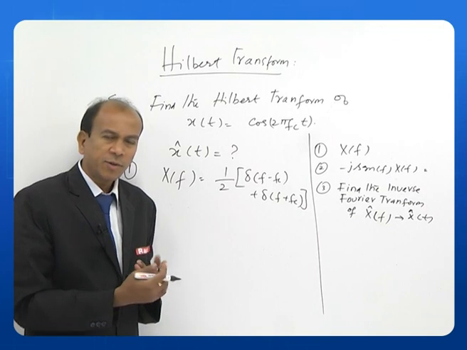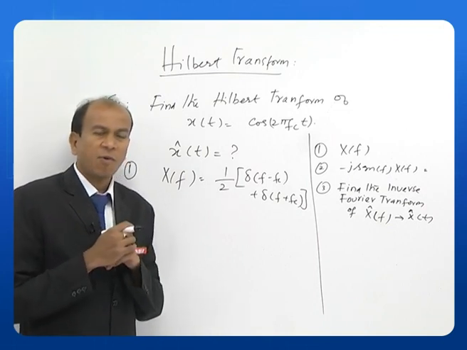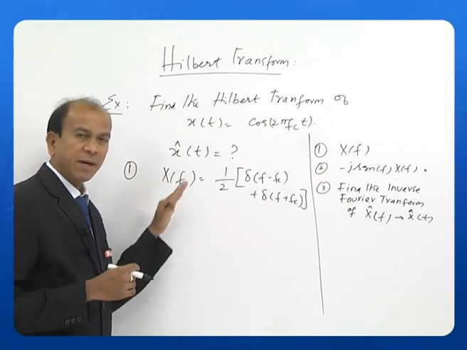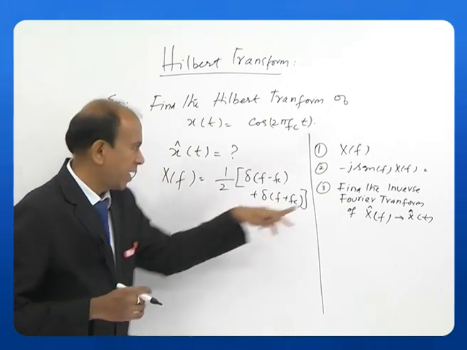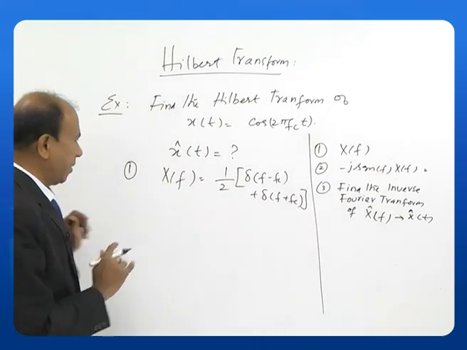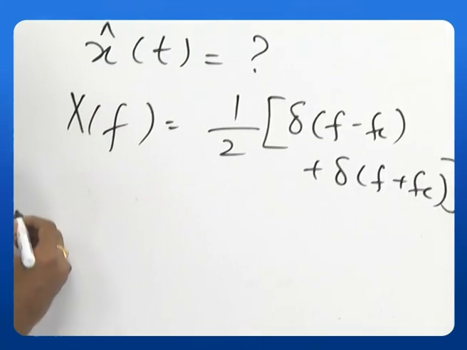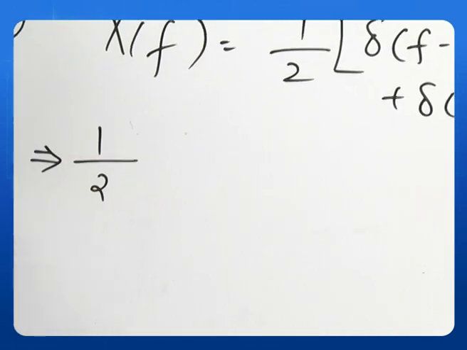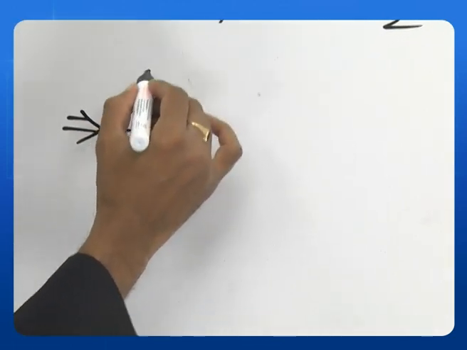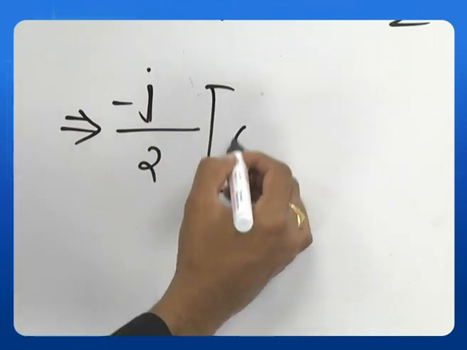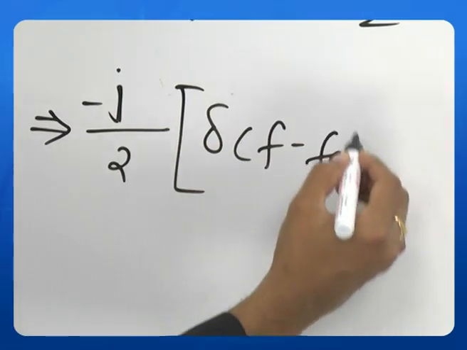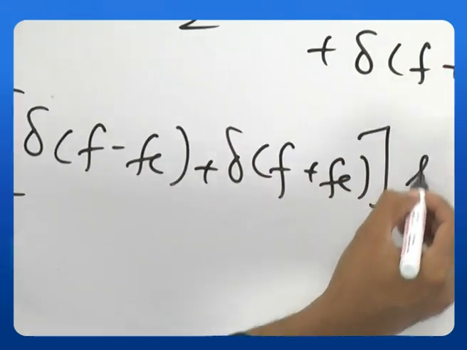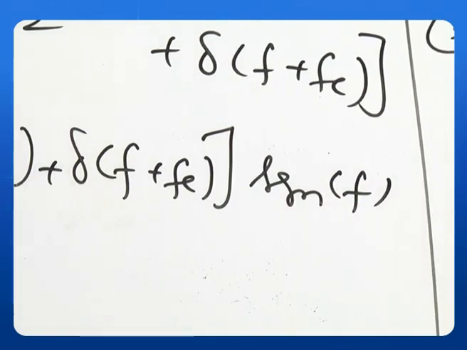Now, what do I have to do? To find out the Fourier transform of x cap of t, I should multiply this by minus j signum of f times x of f. So let us multiply it. Take this half, minus j, so minus j by 2 times delta f minus fc plus delta f plus fc, times signum of f.